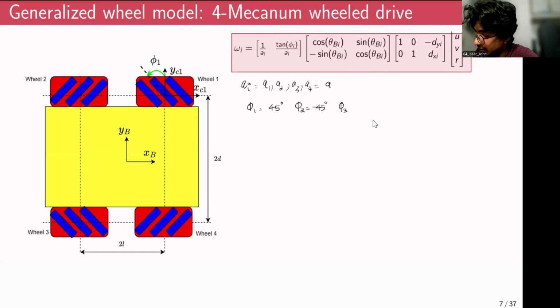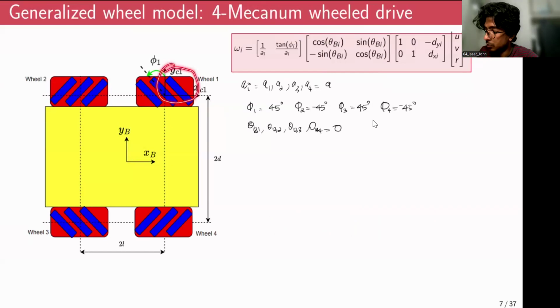For wheel 3, this is going to be plus 45 degrees. And wheel 4, it is going to be minus 45 degrees. And theta B1, theta B2, theta B3, and theta B4, they're all going to be zero, because there is no relative orientation between the wheel frame of reference and the body frame of reference.